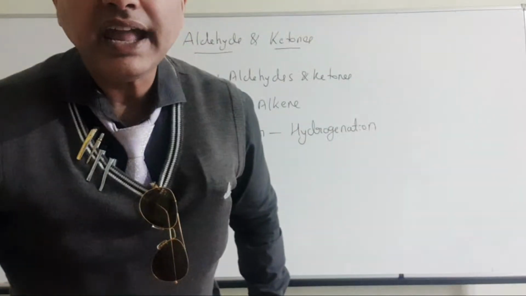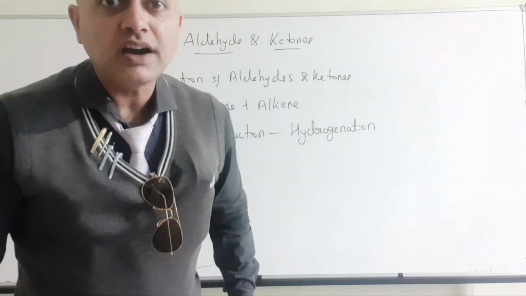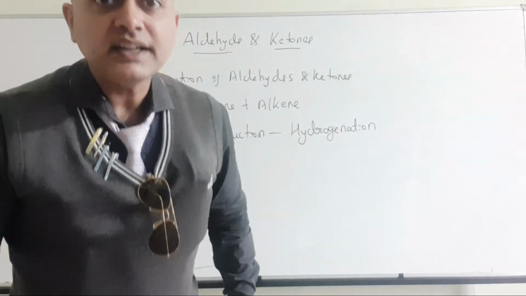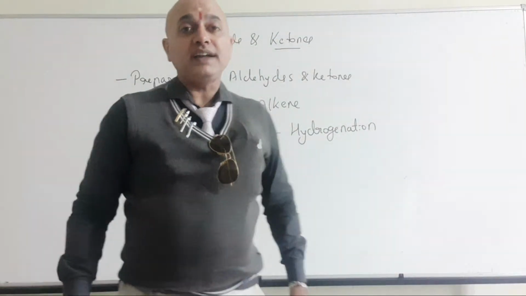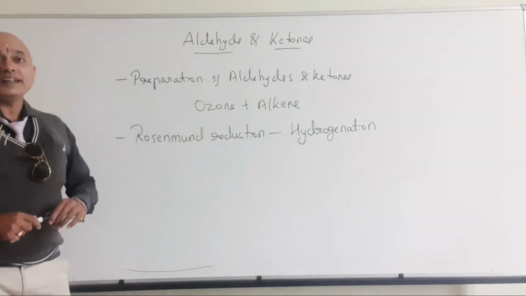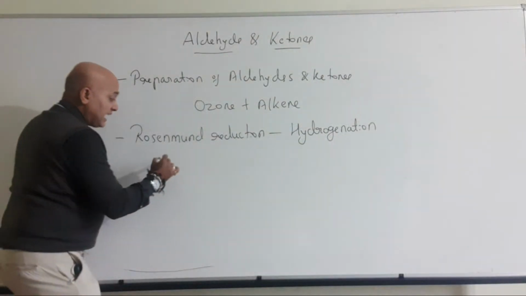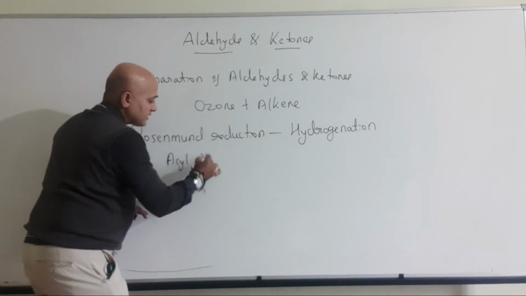Krishna, it is not acrylic chloride, it is acyl chloride. Sanjana, why did acyl halide come? Oh, okay. You are talking about chloride. Okay, fine. Yes. So in the Rosenmund reduction process, the reactant will be acyl chloride.